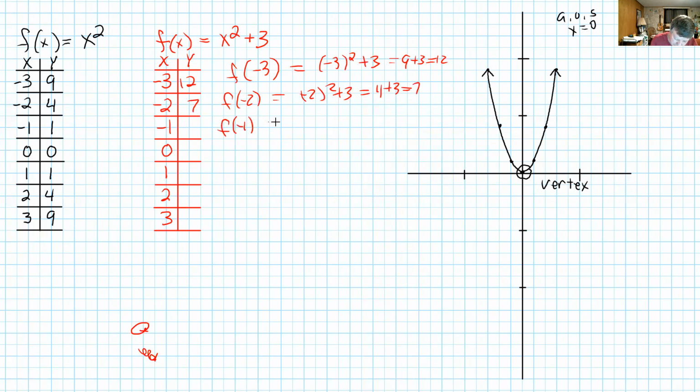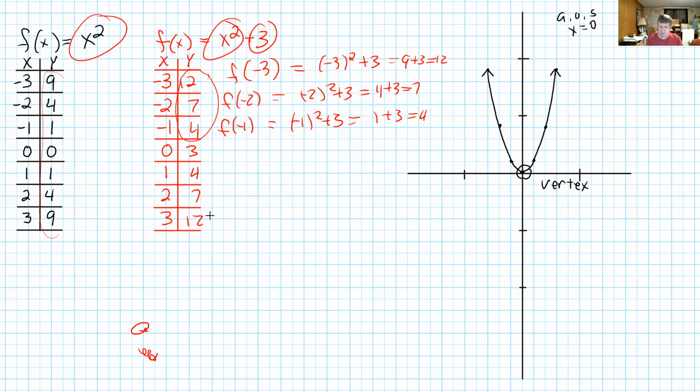F of -1 equals -1 squared plus 3, which is 1 plus 3, which is 4. Do you see what's happening? This part of this new equation is just like the old equation, but then we're adding 3. So these y values are 3 greater than these y values. So this is going to be what? 3, 4, 7, and 12.